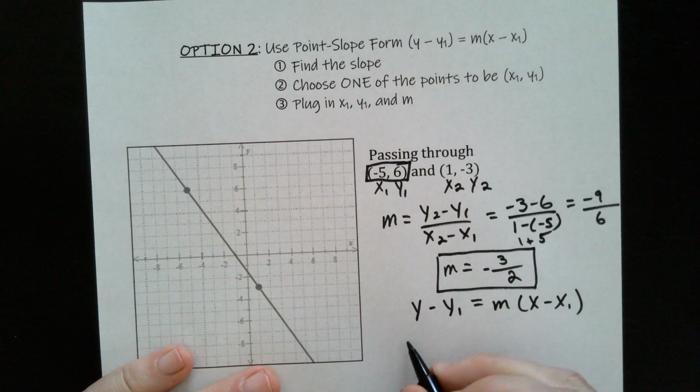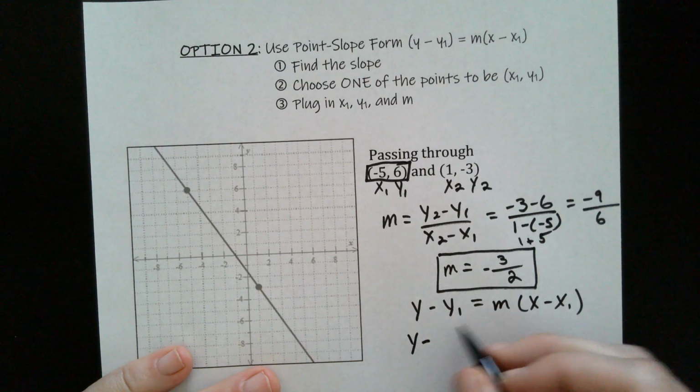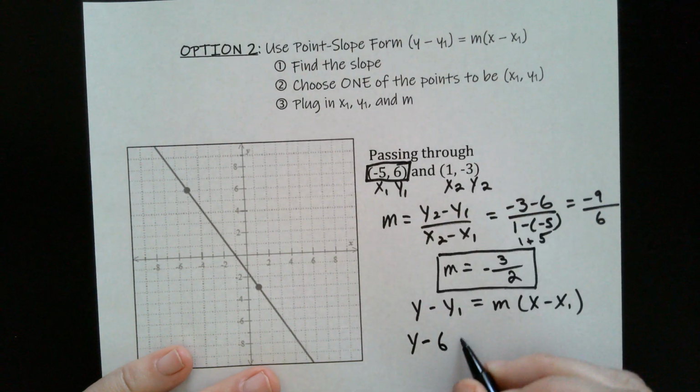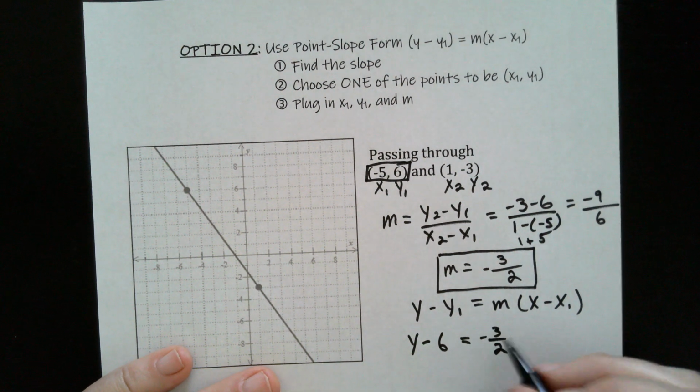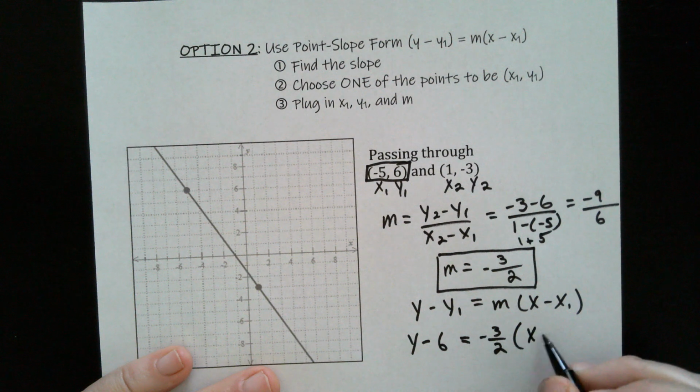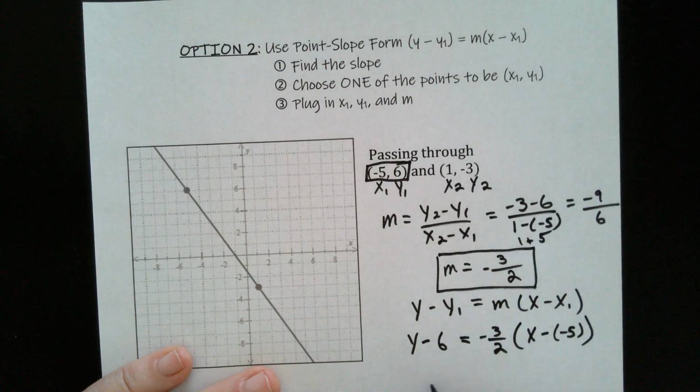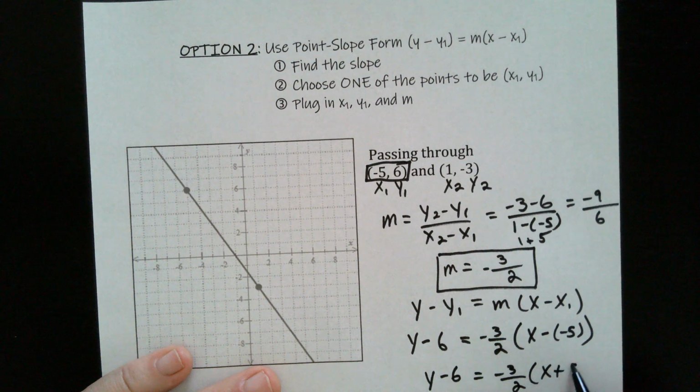Okay, so y minus, or y1 is 6, equals m, that's negative 3 over 2, times x minus negative 5. Okay, so that's y minus 6 equals negative 3 over 2 times x plus 5.